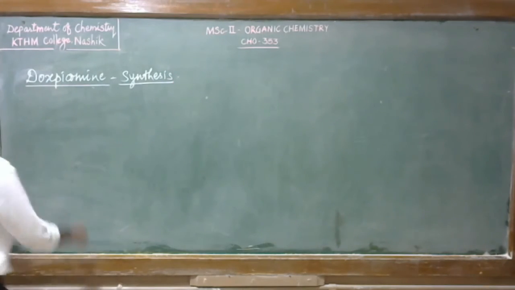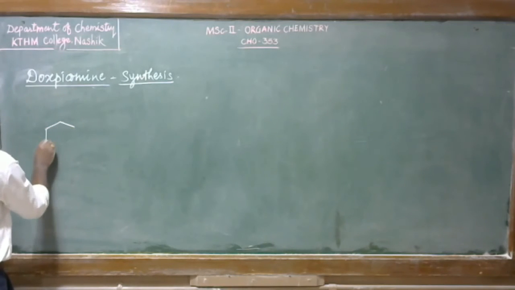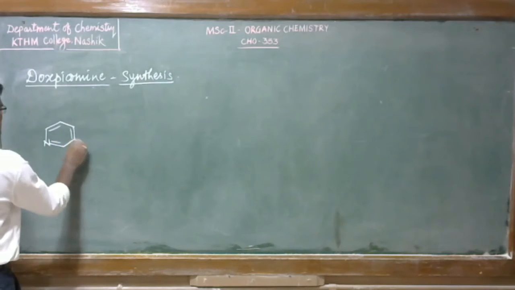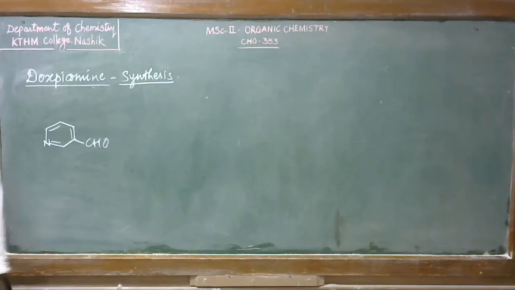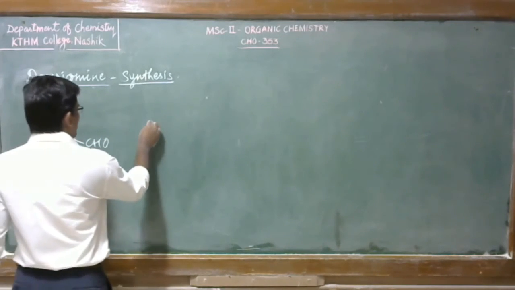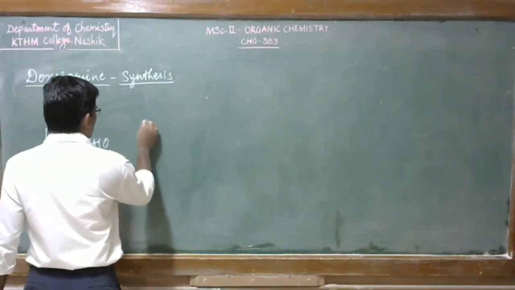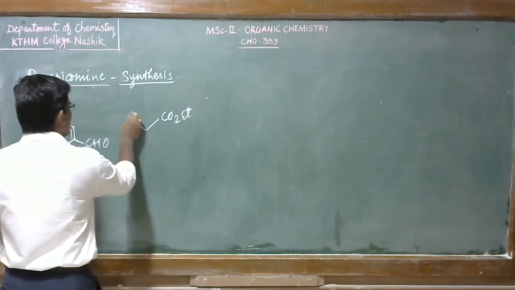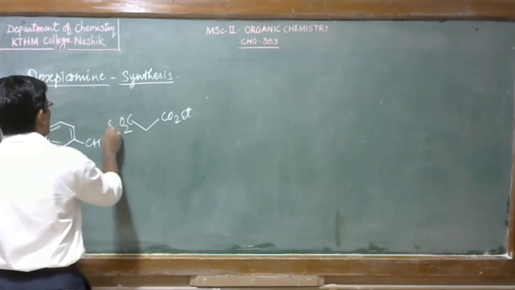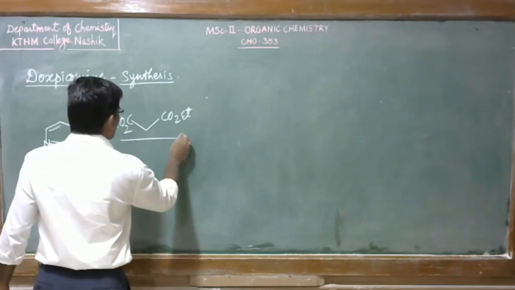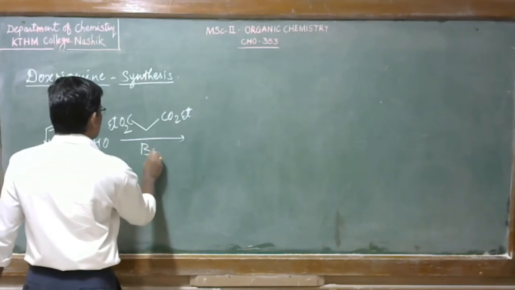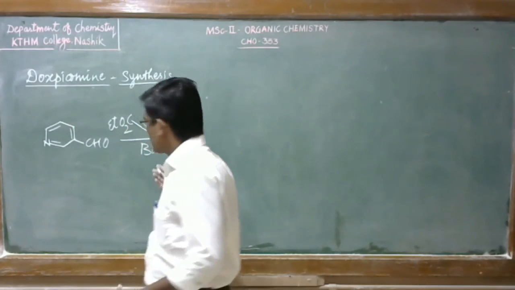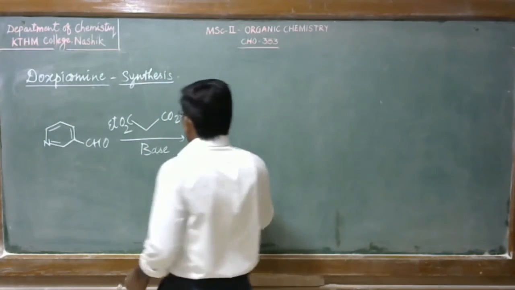So in the end we have got this aldehyde. Alright, the treatment of this aldehyde with this diethyl malonate in the presence of base, okay, we can use sodium methoxide as well.